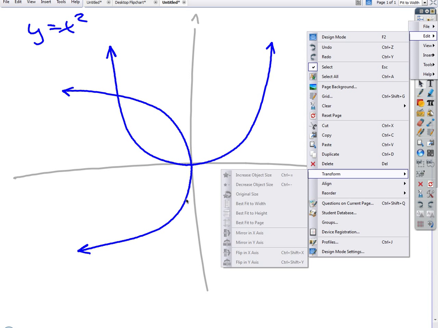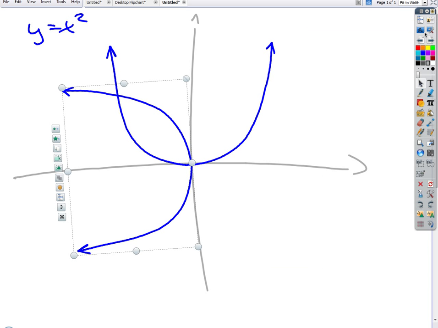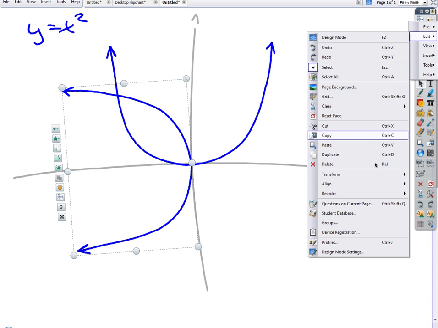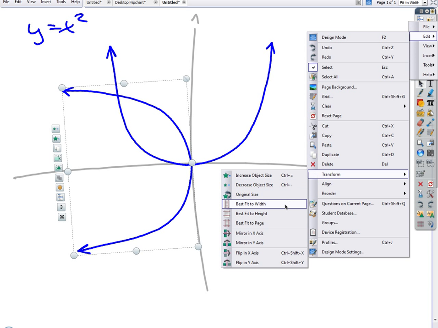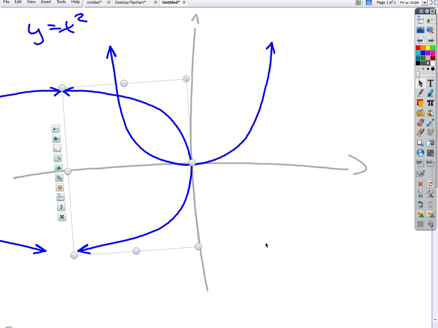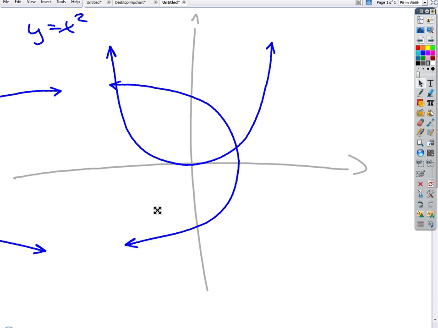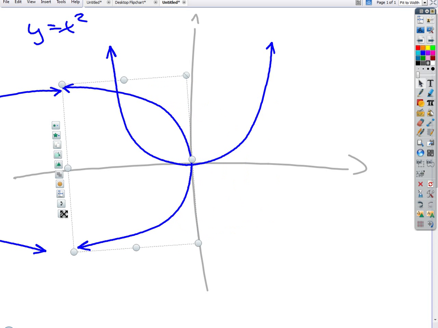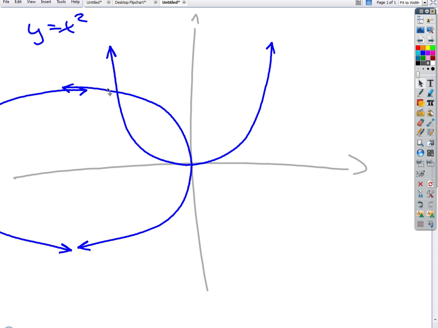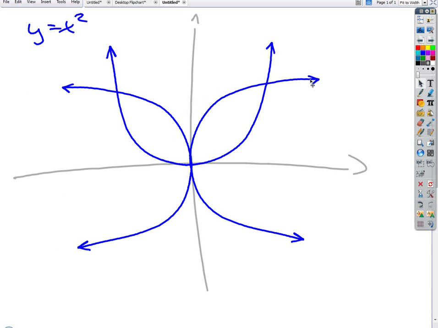You gotta hit this first, though. There we go. So I want to mirror y-axis. Now I just need to scoot it over, so it ends up right there.